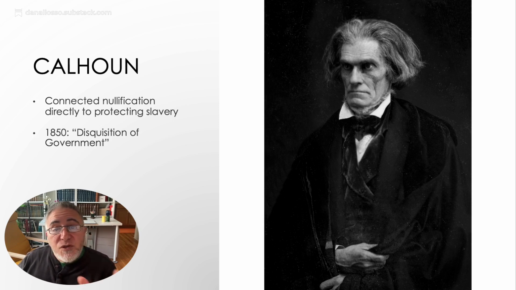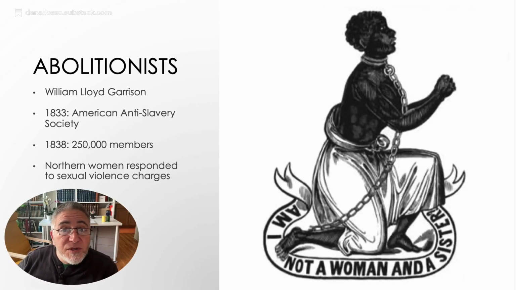Disquisition on Government illustrated Southern leaders' growing, intense suspicion of democratic majorities and the danger that they might pass laws that would challenge Southern interests. And white Southerners defended slavery by criticizing wage labor in the North.